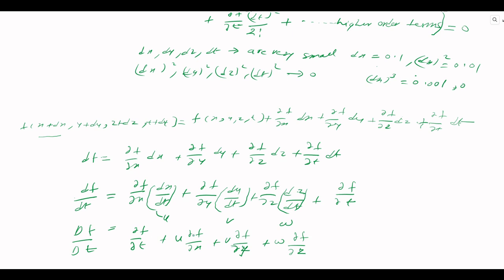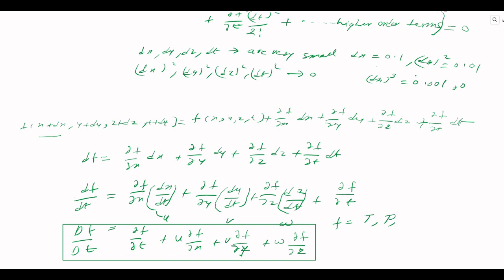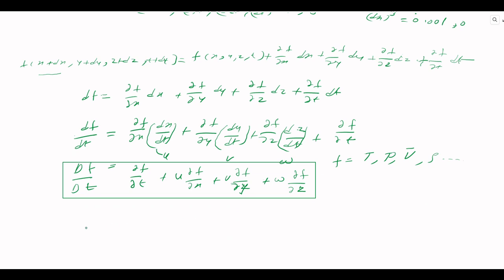This is called the material derivative. Here, f could be temperature, pressure, velocity, or density. First, I'm just taking f, which could be anything.